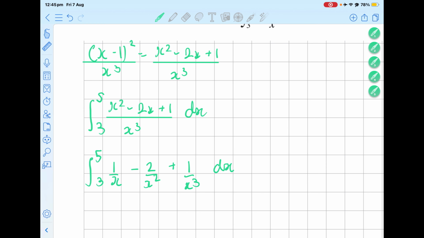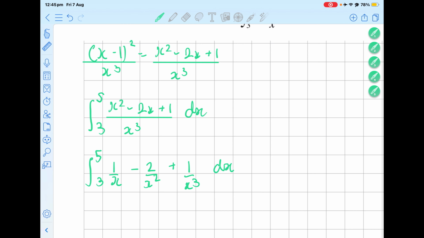So you should know that the differential of ln kx is just 1 over x, whereas the integral of 1 over x is ln x plus c.